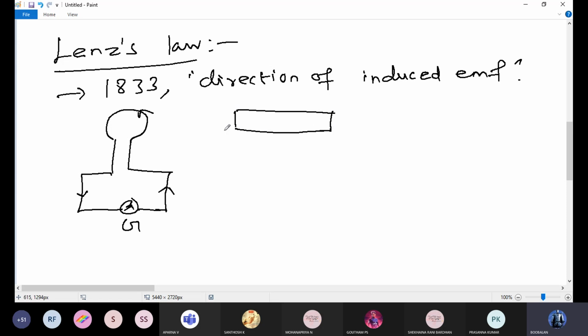This is the north pole, this is the south pole, moving with velocity v. The north pole of the bar magnet is moved toward the coil. The induced current flows in the anti-clockwise direction. Induced EMF, what is the direction? It is in the anti-clockwise direction when the north pole is moving towards the coil.